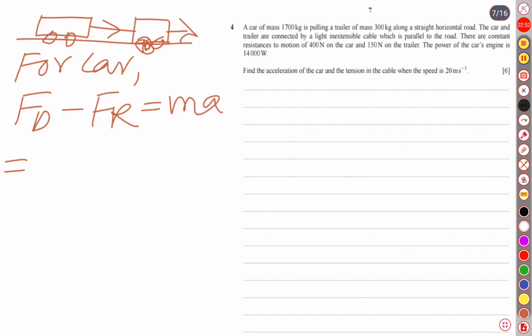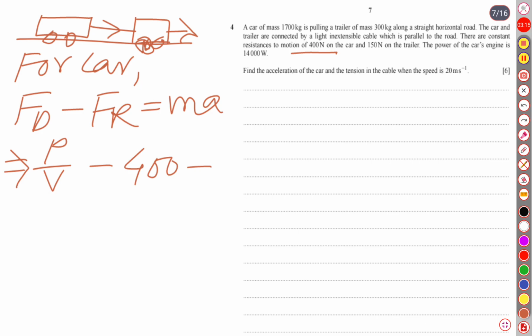Well, so driving force, let us see the driving force. We know a formula of driving force is P over V, means power over velocity, minus resistance force of the car. Resistance force of the car is given as 400 Newton, minus 400 Newton. Now for the car, there is one more resistance force, negative force.